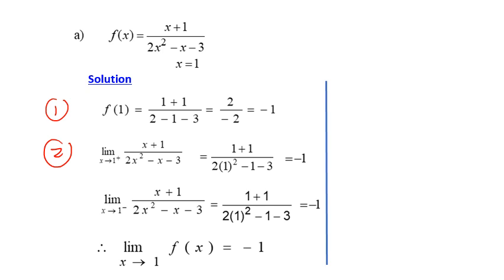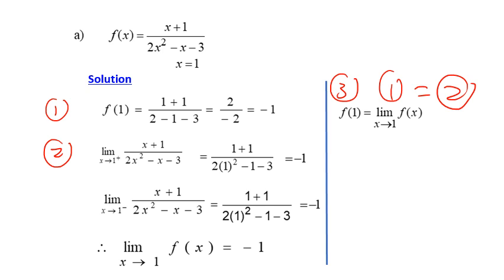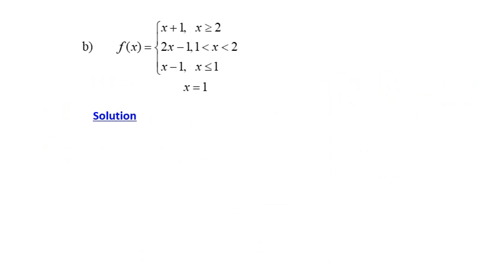And then condition number 3. Since condition number 1 and condition number 2 have the same value, therefore we can conclude that the function is continuous at x equals 1. Okay, next for question B.